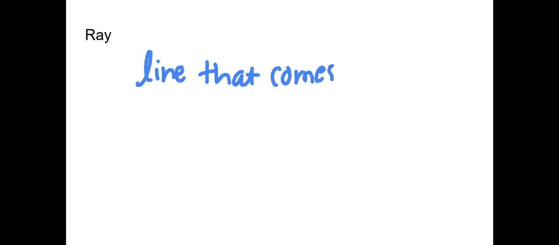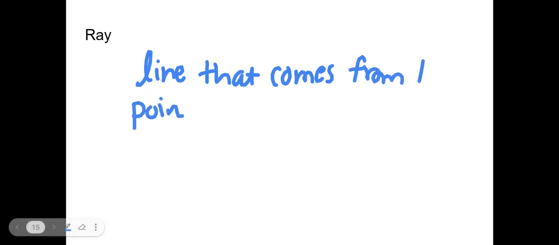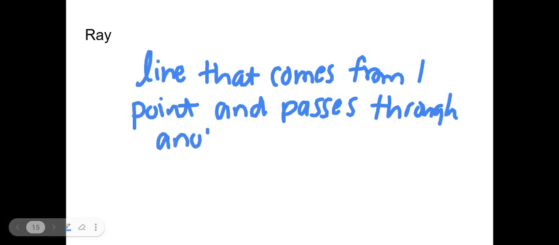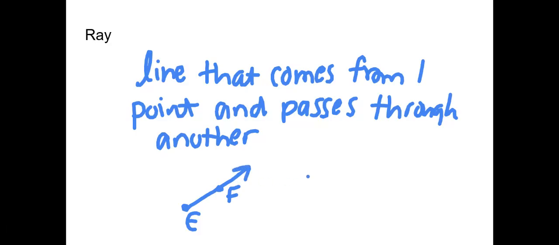Next we have a ray. A ray is a line that comes from one point and passes through another. So I might have point E here that it starts with, and I have point F here, and it's going to start at point E, but it's going to go through F and continue.